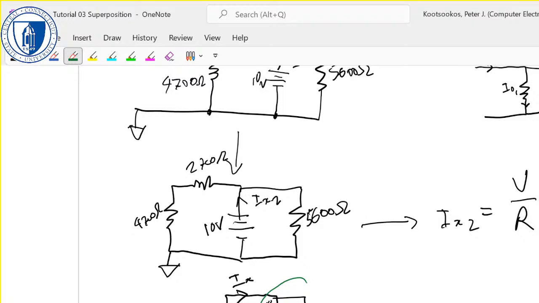So this whole thing here is going to be 5600 in parallel with 7400, right, which is one on 5600 plus one on 7400.